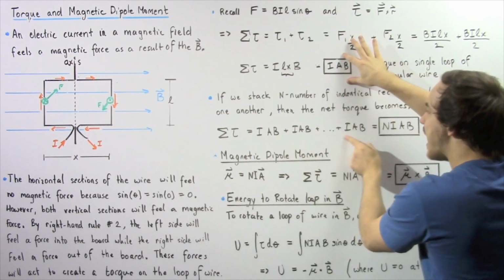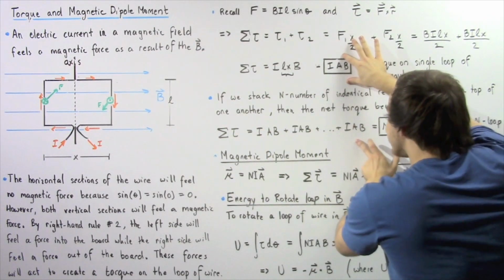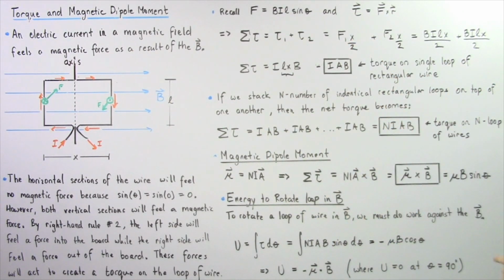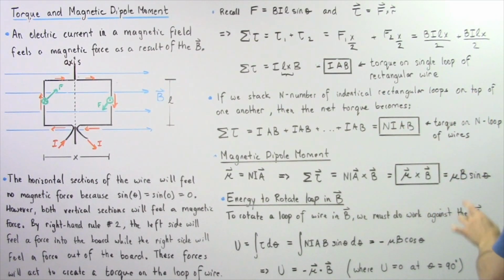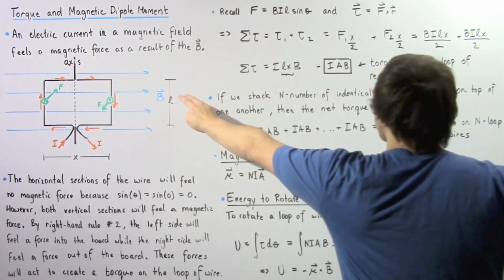So we're summing them n number of times, and that is equal to n multiplied by I times A times B. This gives us the net torque acting on n rectangular loops of wire inside our magnetic field B.